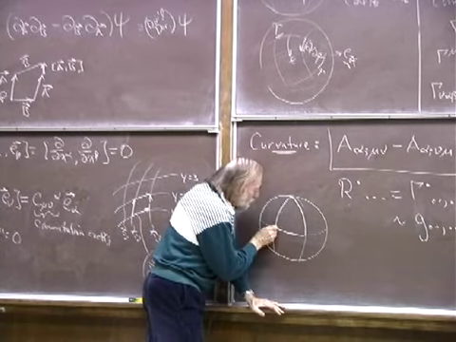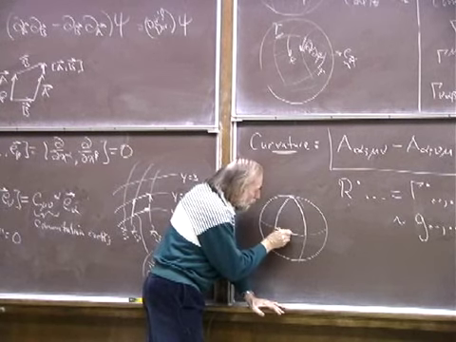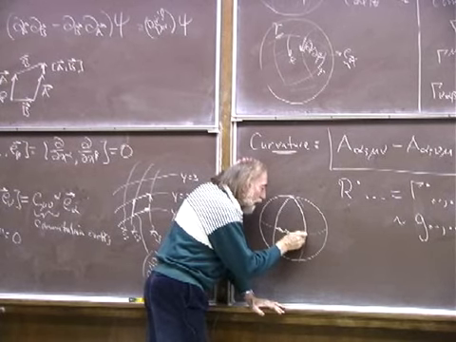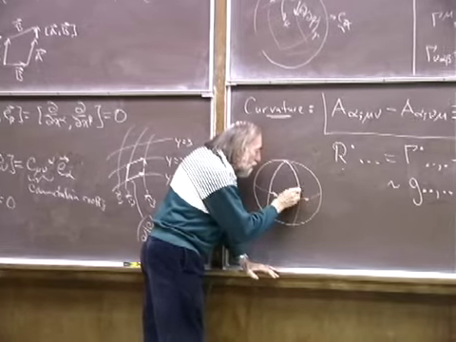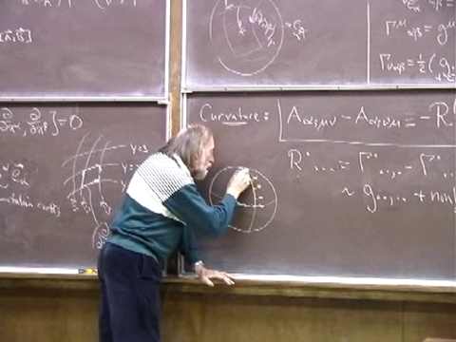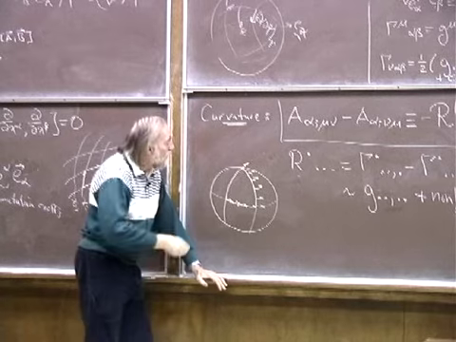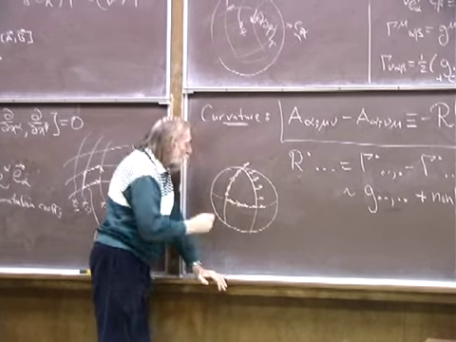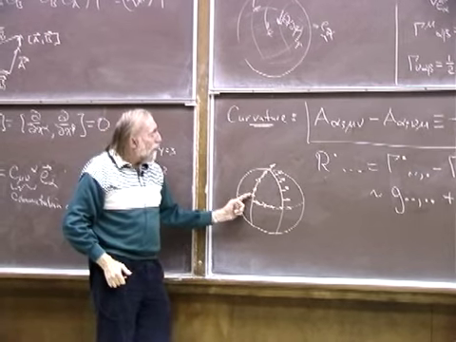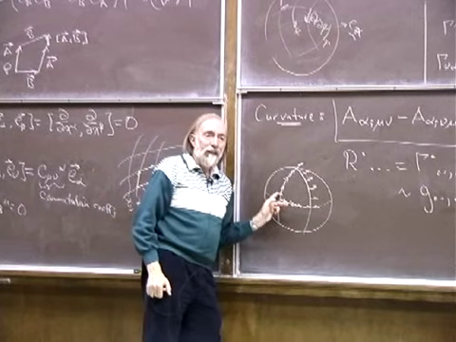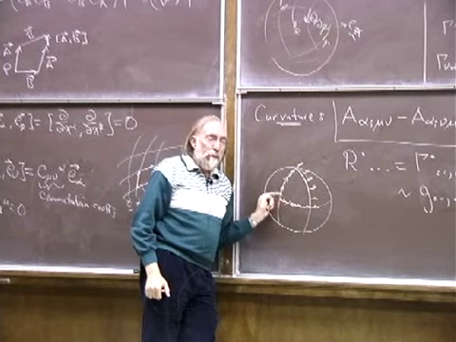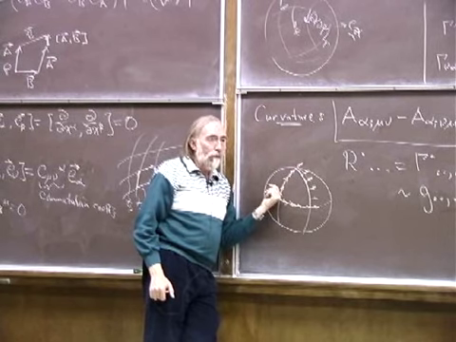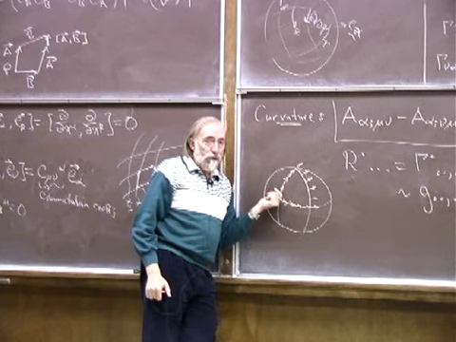So let me take that vector to be like this, and parallel transport along a geodesic. It's going to remain tangent to the geodesic. And then you carry it up this leg, and then you carry it back down this leg, parallel transport. And when you get back down, it has changed. So if you parallel transport a vector around a closed curve in a curved manifold, that vector changes.